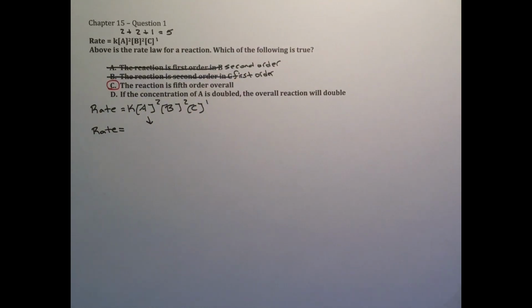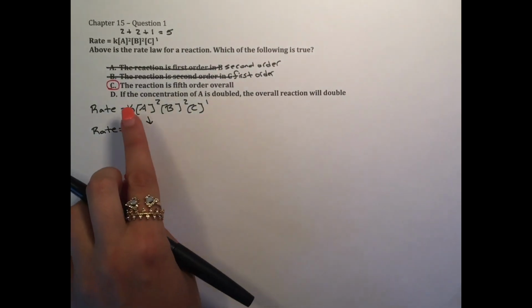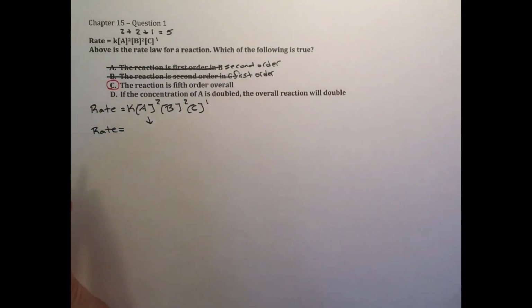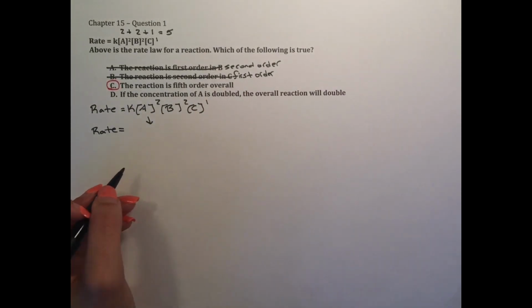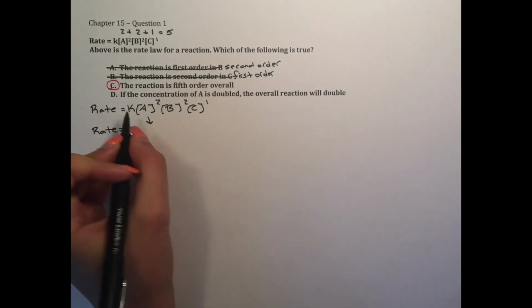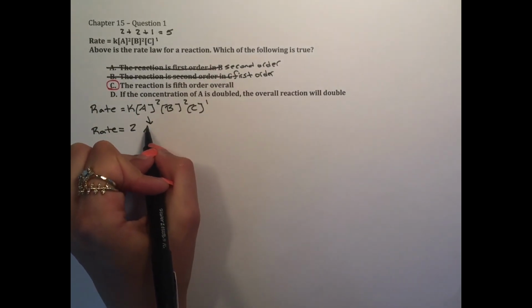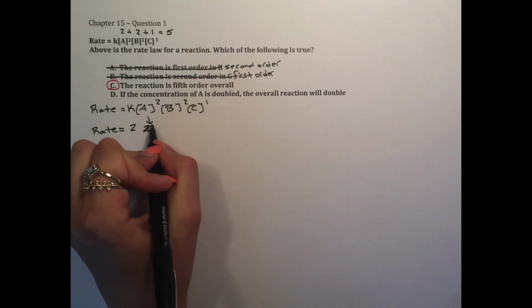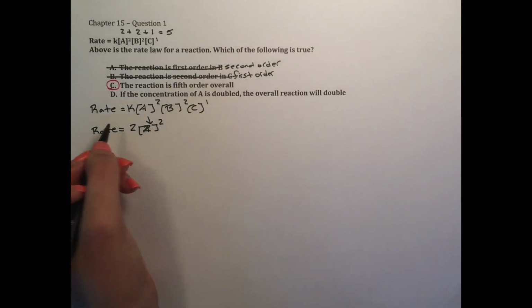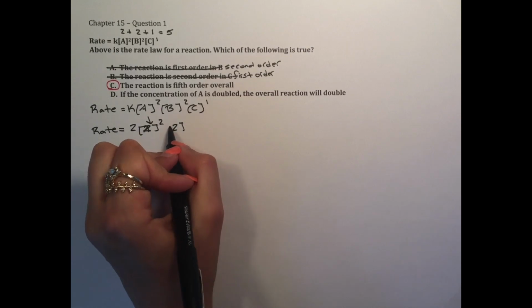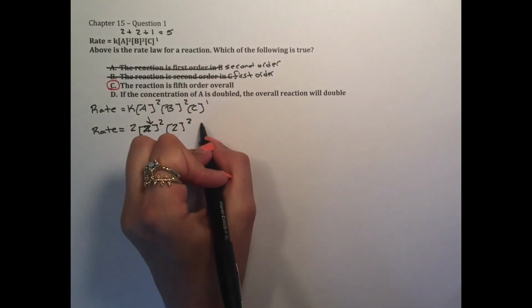And now what I'm going to do is just assign some random number to K, A, B, and C. So just to make it easy, I'm going to give them all the number 2. So K is 2, A is 2 as well, B is also 2, and C is 2.